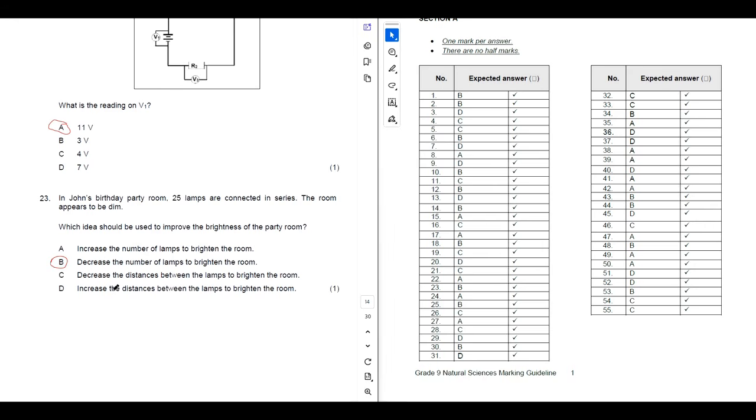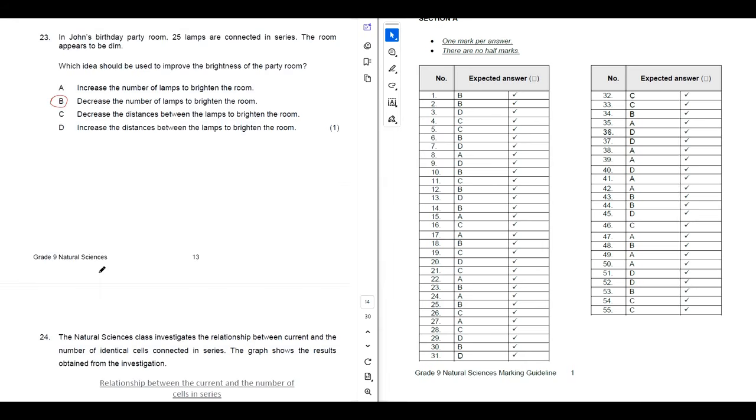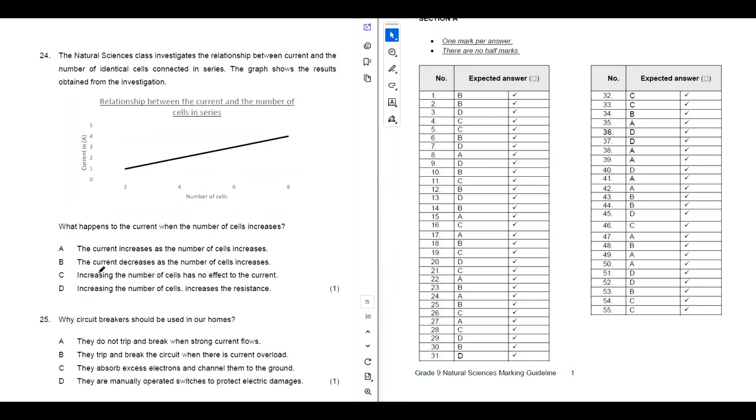Okay, and then next we will move to question 24. Question 24 says that the natural science class investigates the relationship between current and the number of identical cells connected in series. We are told that the graph shows the results obtained from the investigation. We can see that we have the number of cells and the current.